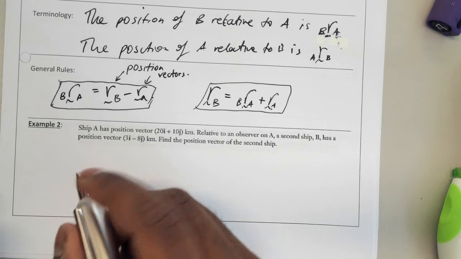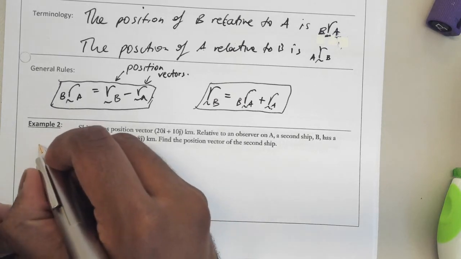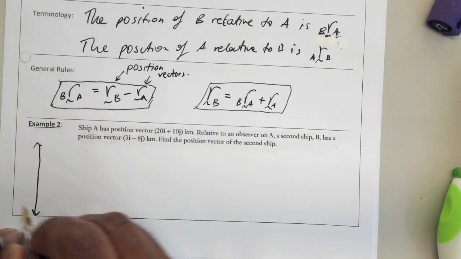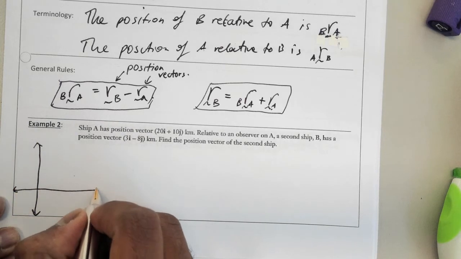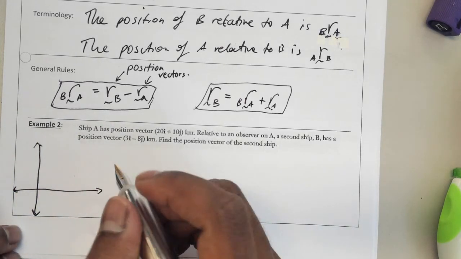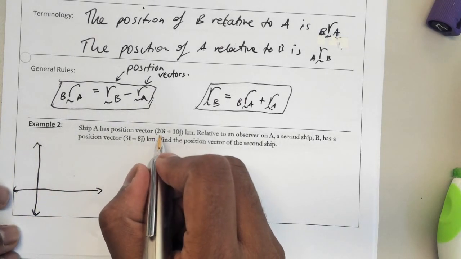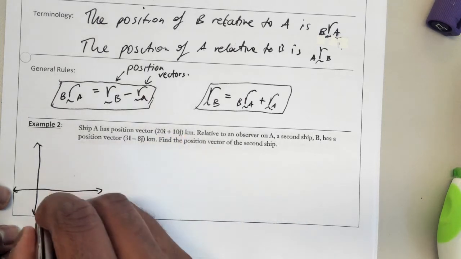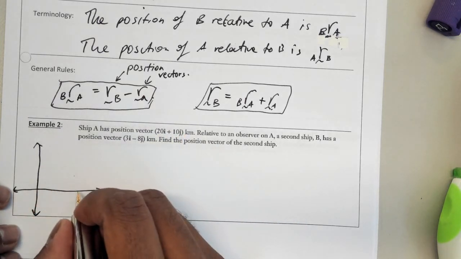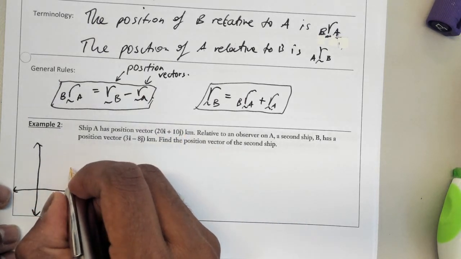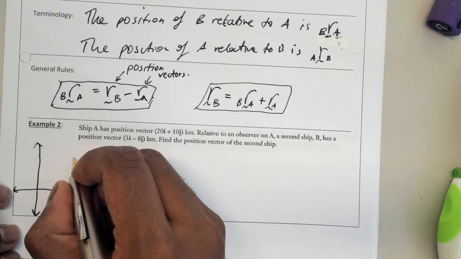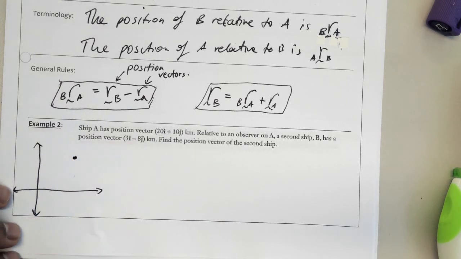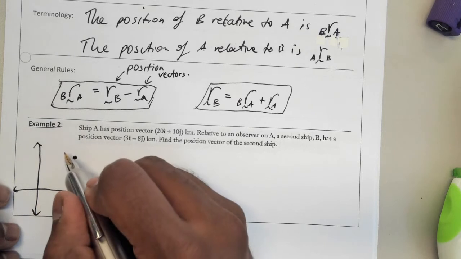So let's draw a little diagram here. Let's do some axes. Okay. So we know the ship A has position vector 20i plus 10j. So it would be roughly 20i. Let's just say it's there. Here's a quick sketch.